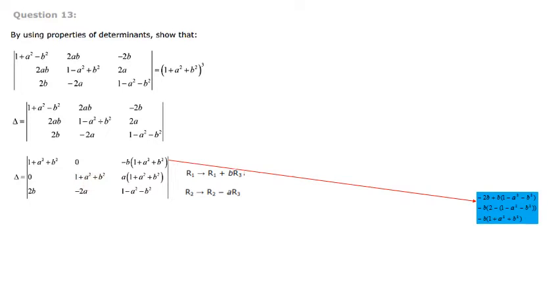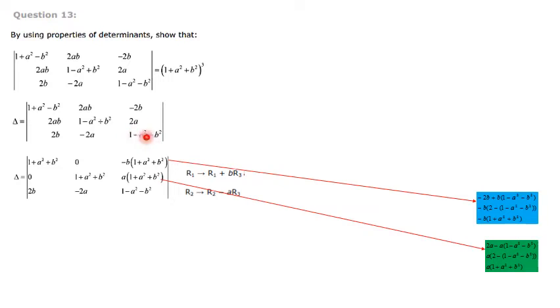Next again the same operation, r2 changes to r2 minus ar3. So r2 is here 2a minus ar3. ar3 is a into 1 minus a square minus b square. Again that also we have to go for little calculation. That is, here you can see r2 is 2a, that is 2a minus a into r3.